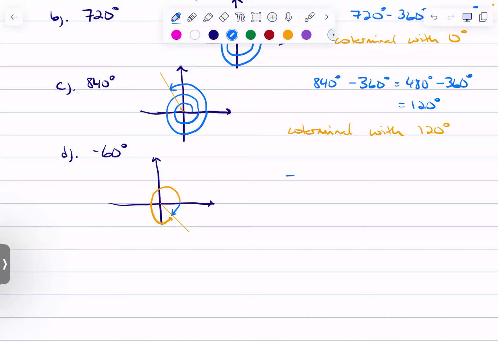So 360 minus 60 degrees. Just trying to do it fancy. All right, if this is 60, then this must be 300 degrees. Within those restrictions. Between 0 and 360. Nice.